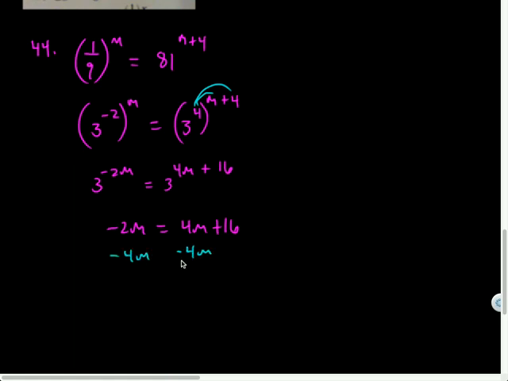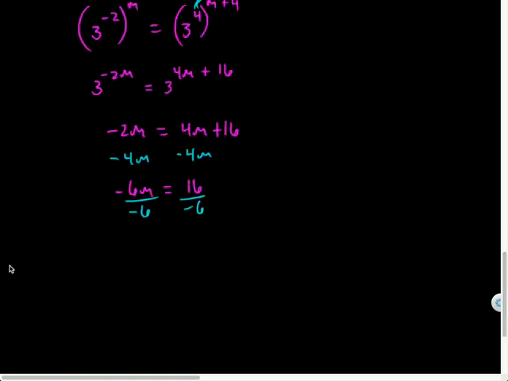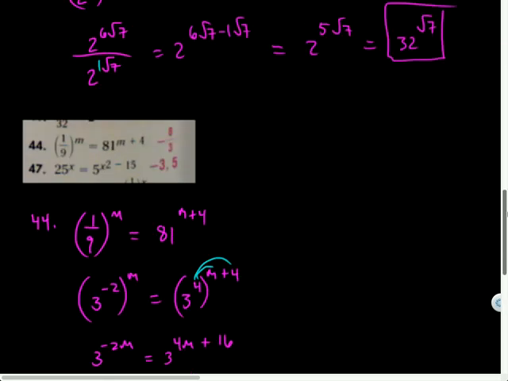I ain't afraid of no ghosts. Let's see, negative 6m equals 16. Then I could divide both sides by negative 6, and hopefully this is the answer. m is equal to negative, looks like 2 goes in both of those, 8/3. Is that right? That's right.